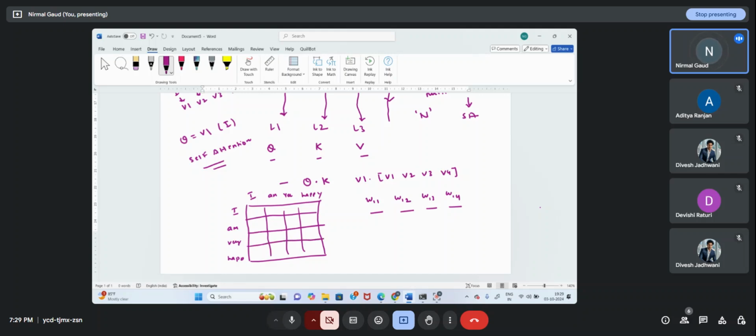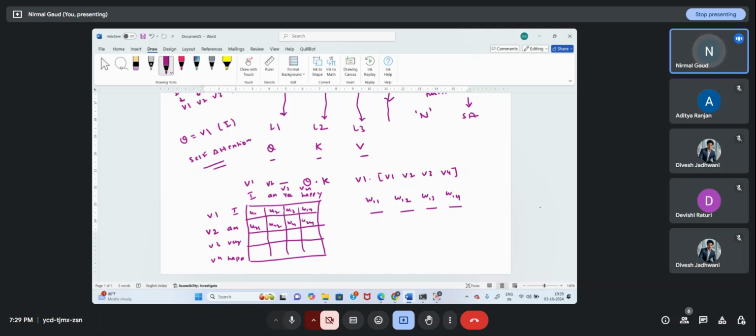That was this line W11, W12, W13, W14. Same you have to calculate for am, where you are going to take it as V2 with V1, V2, V3, V4. Next will be W21, W22, W23, W24.